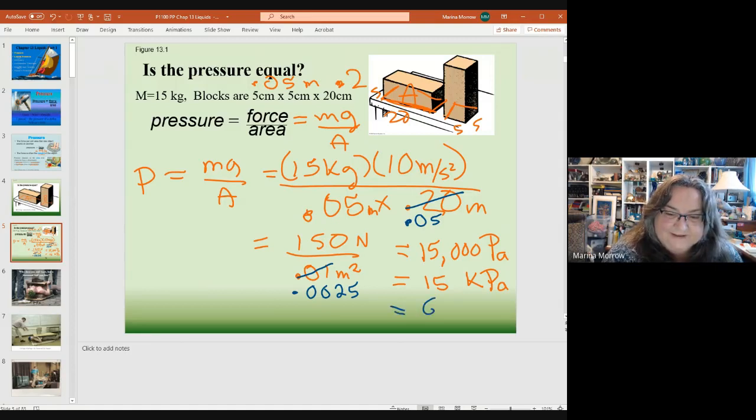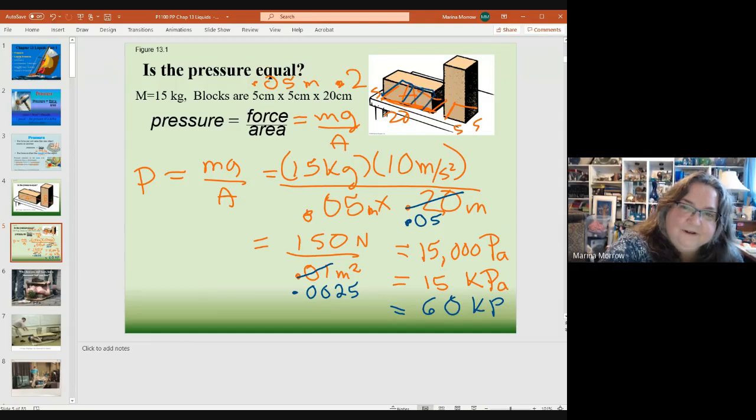So it's going to come out to be 60 kilopascals, right? 4 times greater because the area is actually 1/4 as much, because you could have fitted in 4 of the 5 by 5 areas in that 5 by 20 space. Okay, drawing's not to scale. Anyway, so it should be 4 times greater pressure because we have 1/4 the area.